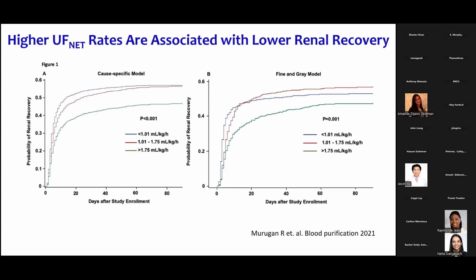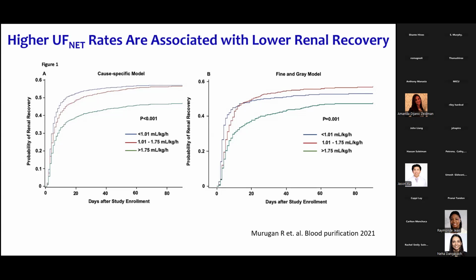In a subsequent study, when they looked not only at the mortality outcome, but also at the kidney recovery outcome at 90 days, they found that, not surprisingly, patients that had higher net ultrafiltration rates above this threshold of 1.75 had lower chances of kidney recovery, meaning dialysis independence at 90 days, right?